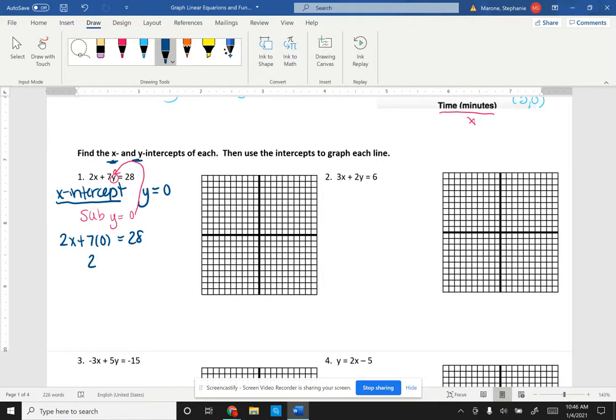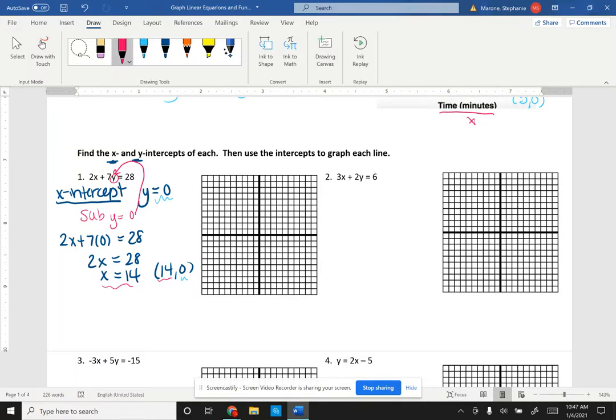And then I get 2x equals 28 and x is equal to 14. So if I make that an ordered pair, it's 14 and 0. This x goes here, y is 0 goes here. So that is my x-intercept.